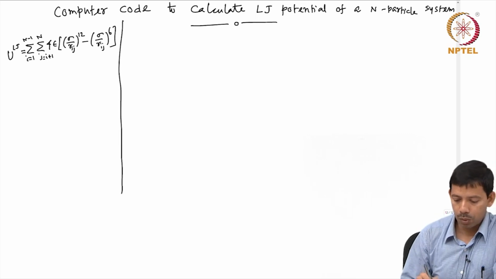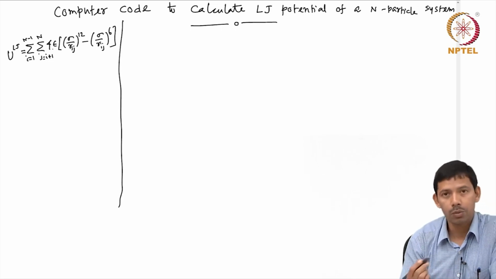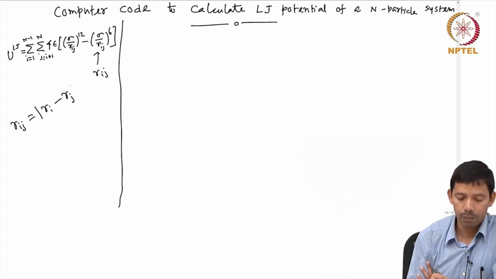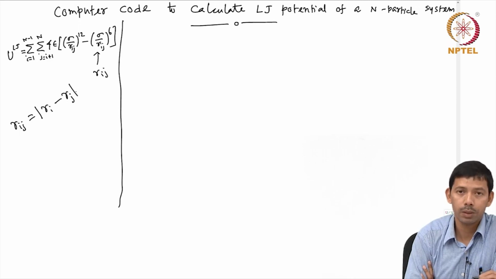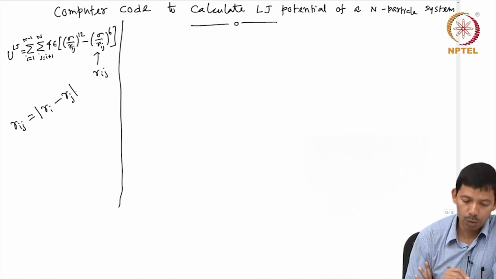To do this, first we have to know the value of epsilon and sigma. Epsilon and sigma are constant values, so they don't change. The variable here is basically r_ij, and r_ij is nothing but r_i minus r_j. It is the interparticle distance between particle i and j, and that's the only variable, so you have to calculate it inside the loops.